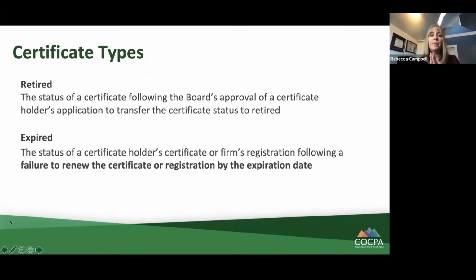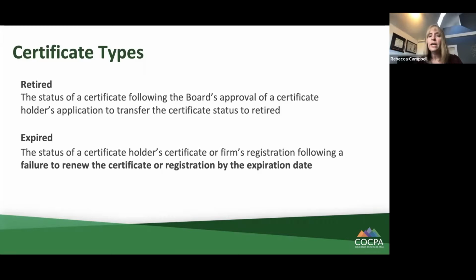All right, then you can have a retired status, and we're going to talk about what the requirements are for being retired. And then an expired status. So let me tell you what an expired status is. Earlier we talked about renewal being on an odd numbered year, and for an individual certificate, you renew in November.